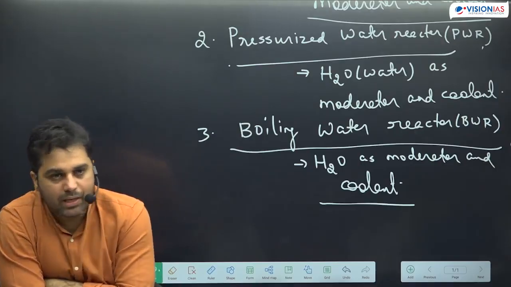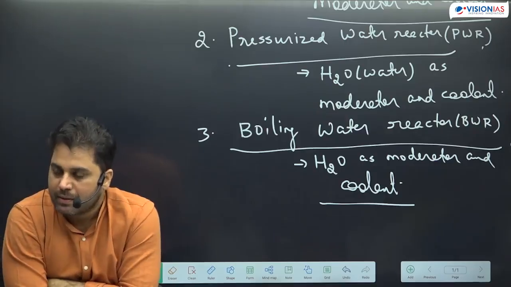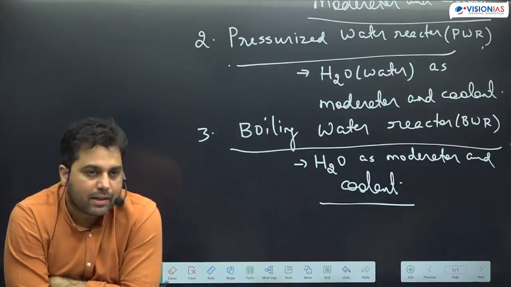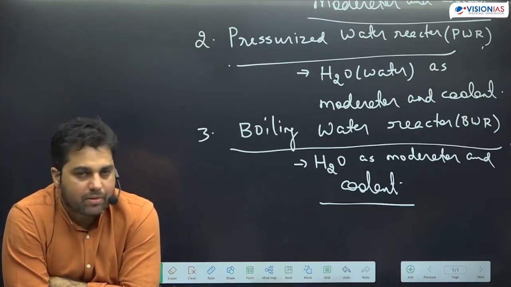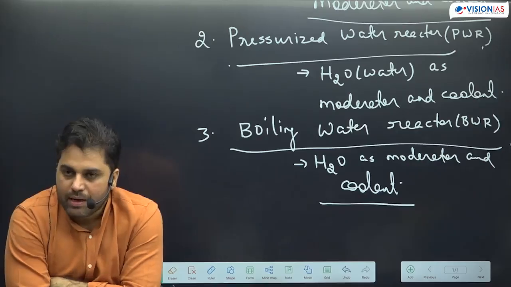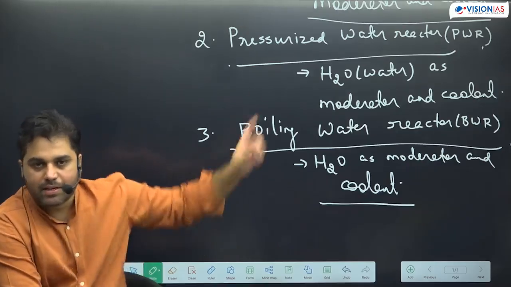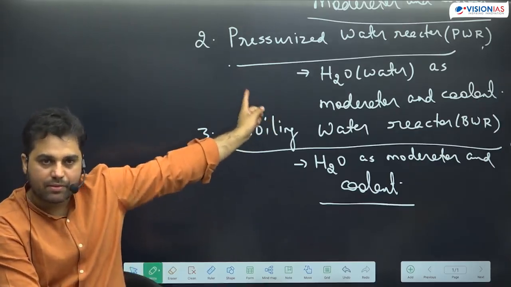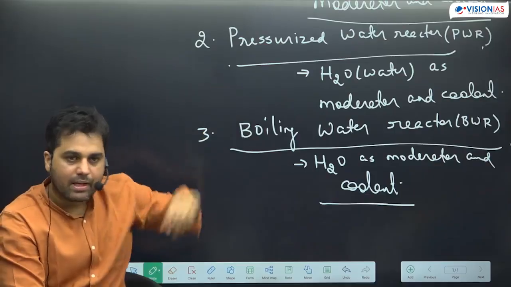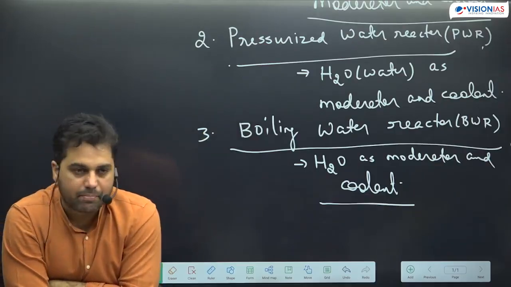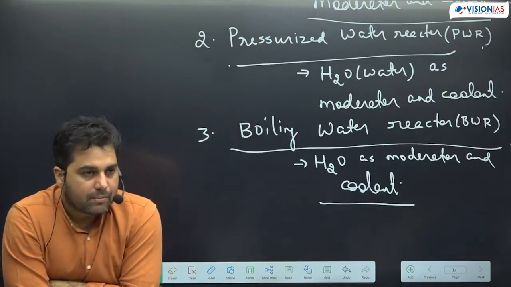Hence the water which will come out of the core of the reactor will actually be steam. A lot of that water will be steam, and we can directly use that to produce electricity. In India, most of our reactors are pressurized heavy water reactors. So there we use heavy water, but again, very much the same as a pressurized water reactor, heavy water is pumped at very high pressure. So this is about the types of reactor.